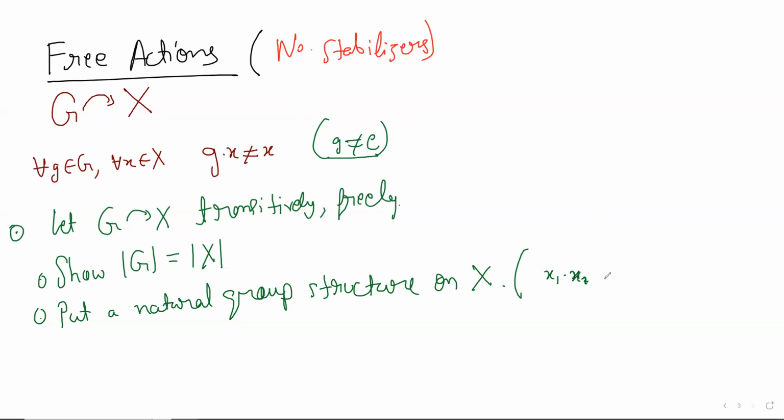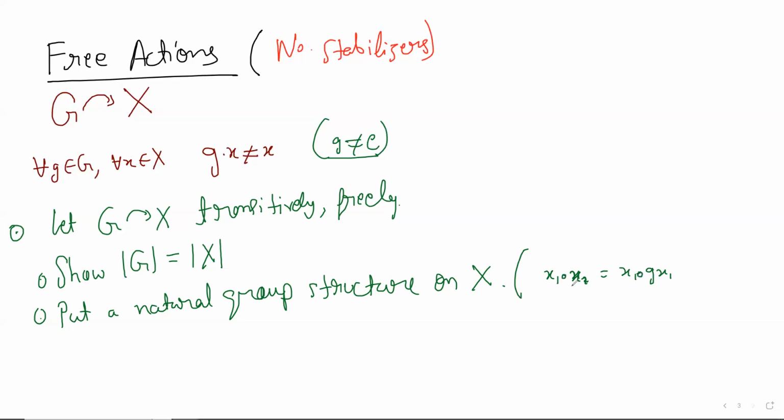Well, this x2 will actually be equal to some g dot x1, because it's a transitive action, right? So the question here is how would you define this multiplication?